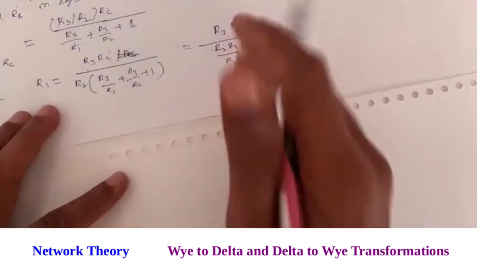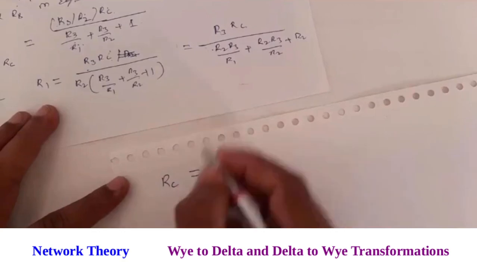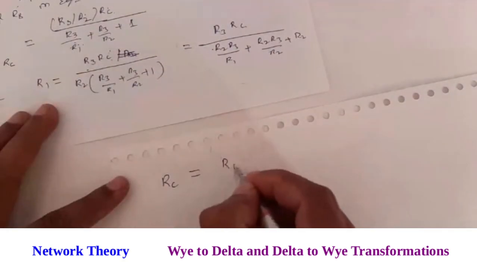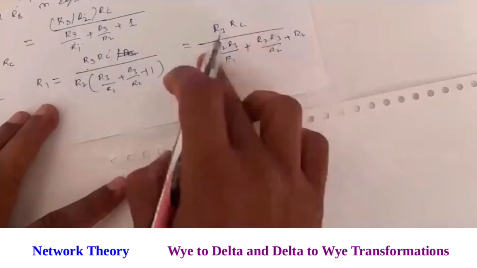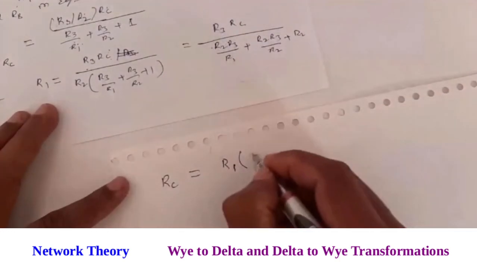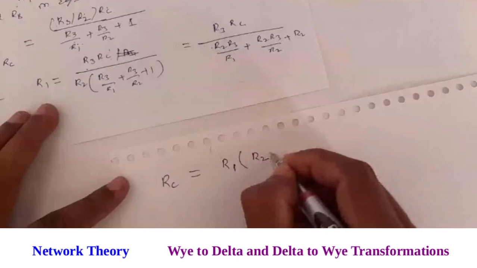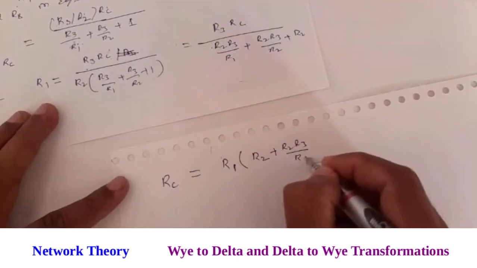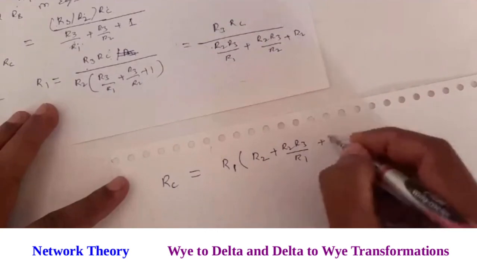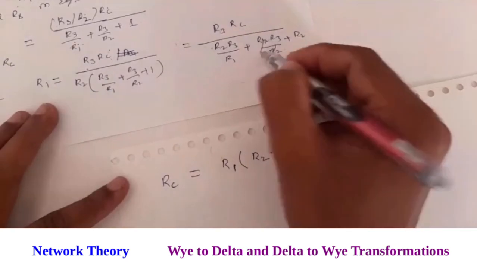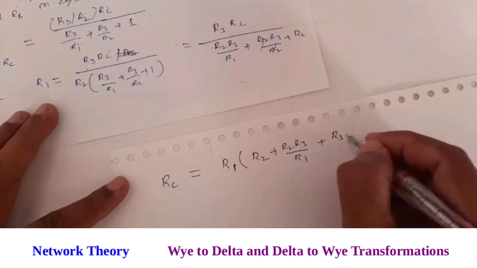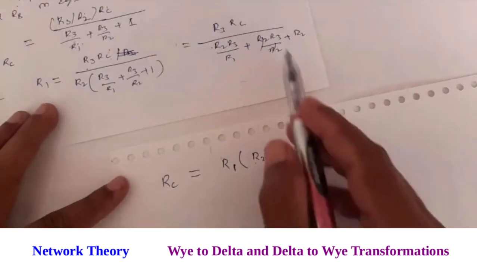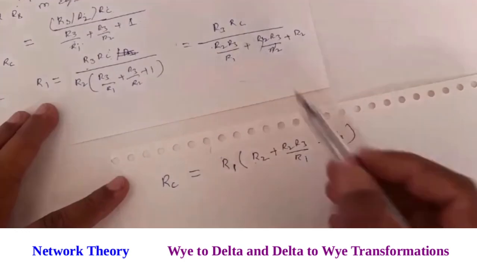R1 is equal to this, RC is equal to R1 into this whole network will come. What is that? One is R2 plus of R2 R3 by R1, and plus of this R2, R2 will get cancelled, just R3. R2 plus R3 plus this is R2 R3 divided by R1.